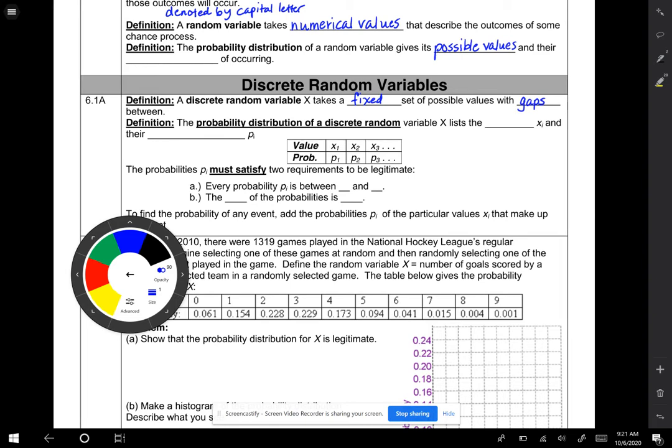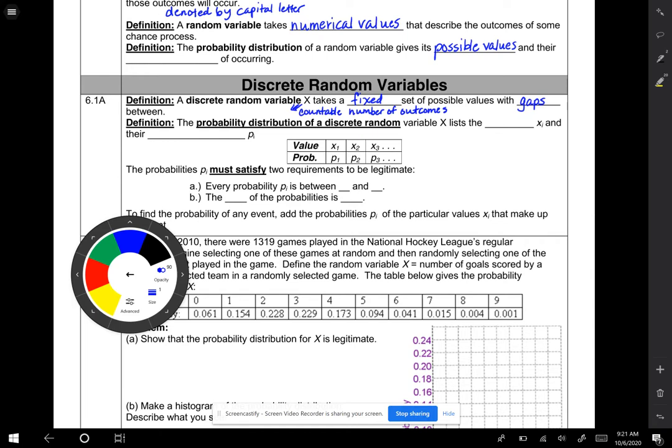So it's a countable number of outcomes. Nice integers, nice whole numbers. That's probably a better word. For example, a discrete random variable would be the number of people in a family, or a number rolled on a die, because you're going to have distinct numbers that you get by counting.